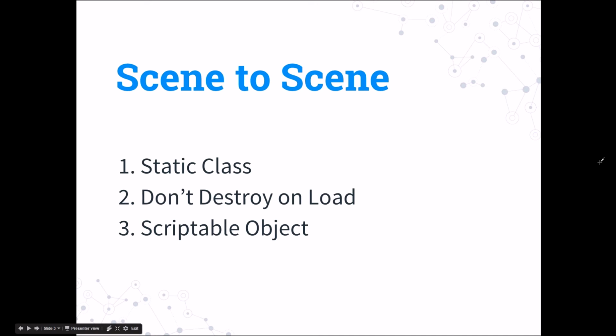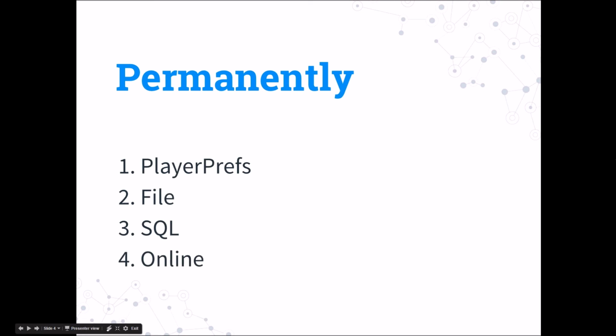The third method is your scriptable objects. Scriptable objects can create data containers whose data will persist between scenes, and these data can also be edited and modified in the inspector. To save data permanently so that it can be used between different play sessions, you can either use player prefs.